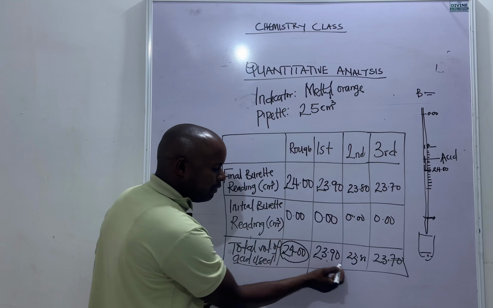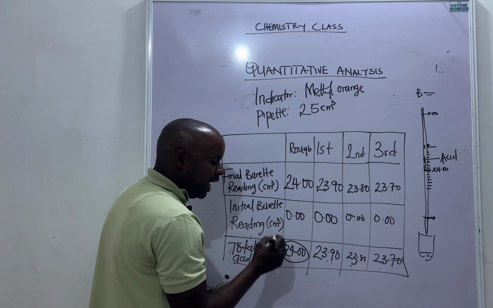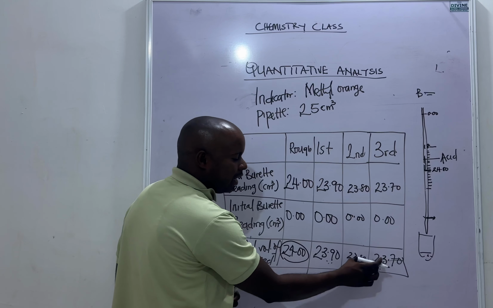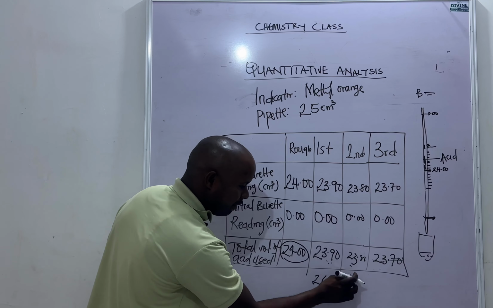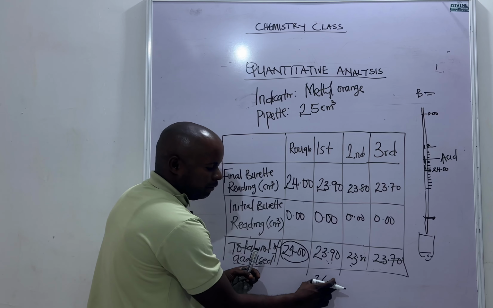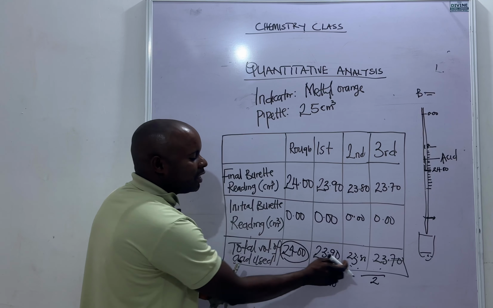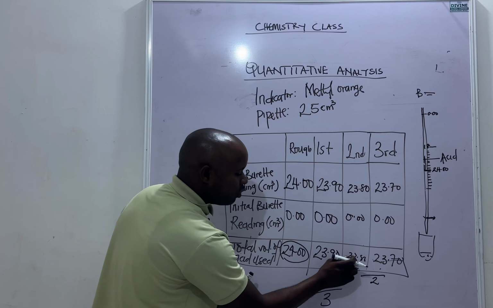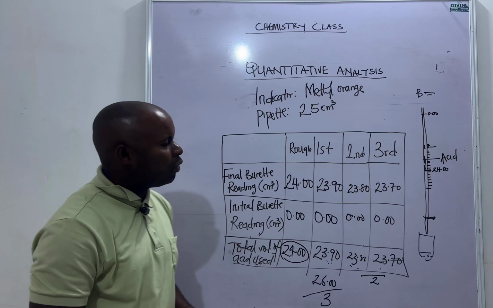You must make reference to the first, second, and third titer values. If peradventure you notice that one of these values is a bit higher than the others, for instance 26.00 and then 23.80, 23.70, since this one is far from these values, you can just add these 2 divided by 2. If you are using the 3 titer values, you add 23.90, 23.80, 23.70 together and divide by 3. So this is a typical titration table.